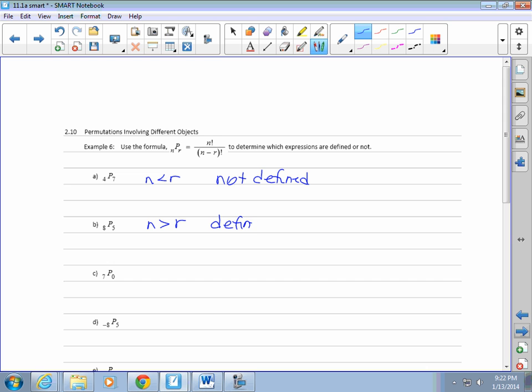What that means is you can calculate it. 7p0, n is greater than r, so this would be defined.